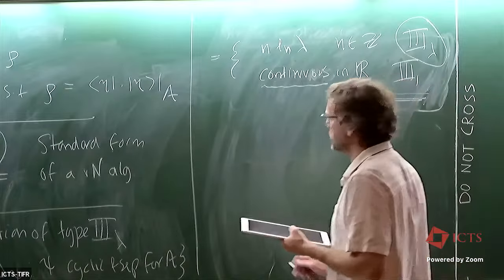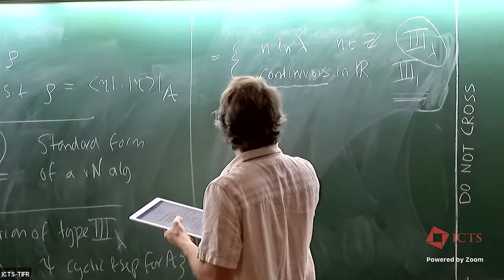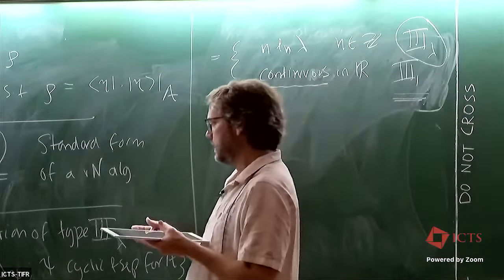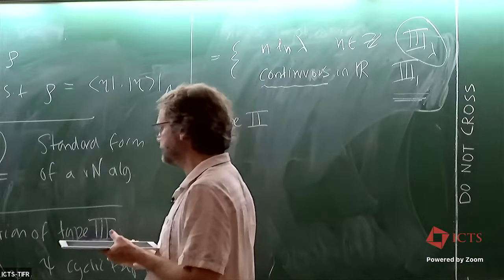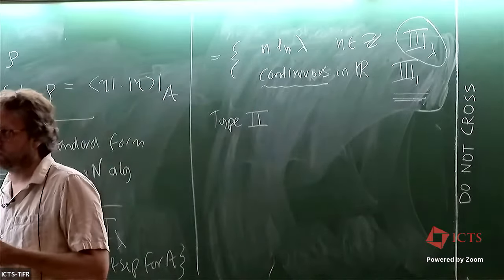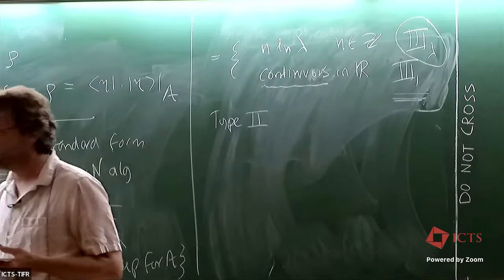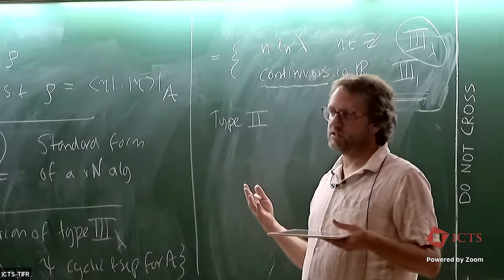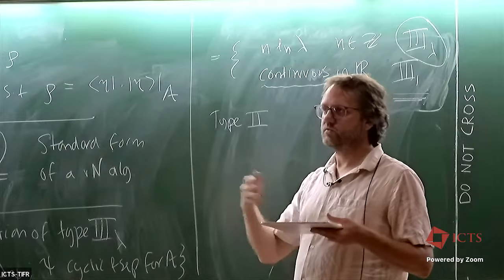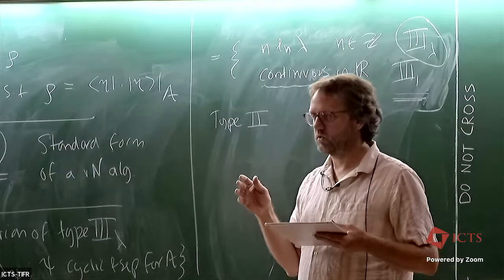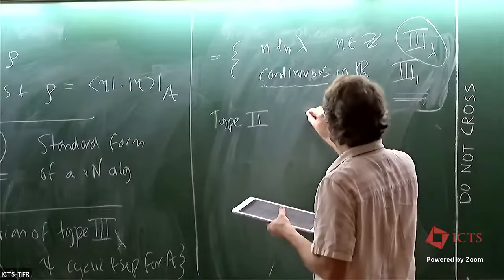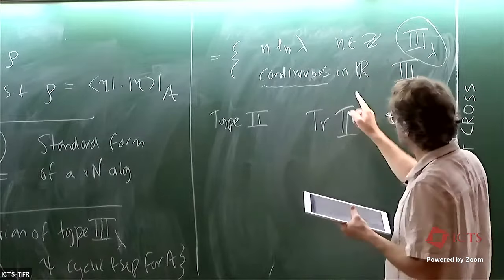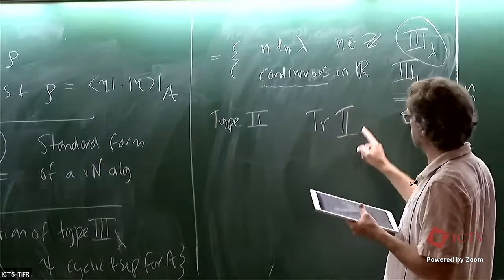So in the type 2 case, you have a trace. In that case, the modular operator is actually a product of 2 operators, one in the commutant and one not in the commutant. That doesn't happen in type 3, but in type 2 it does happen. And there are states where the spectrum is just flat because it's a trace. Like for type 1, for example, the trace is the trace times the identity. So the spectrum of this modular operator comes from the spectrum of this identity.